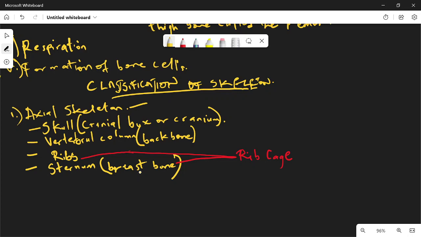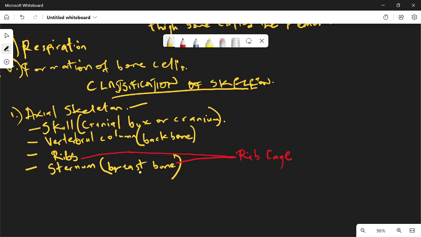Now, in the body of a vertebrate, we have the skull and the ribs. The part that has ribs is what we refer to as the rib cage, and the ribs are found on the thoracic region of an organism. We also have the sternum, the bone found in the chest.